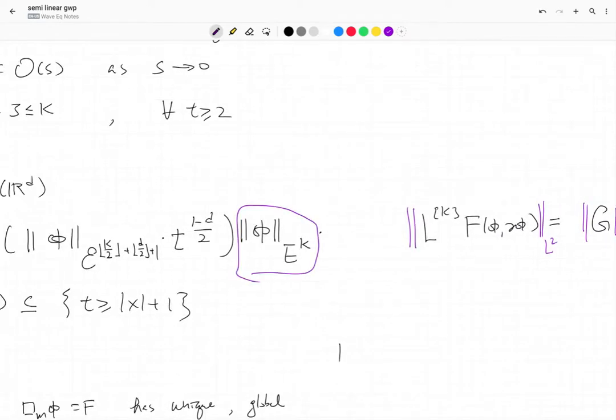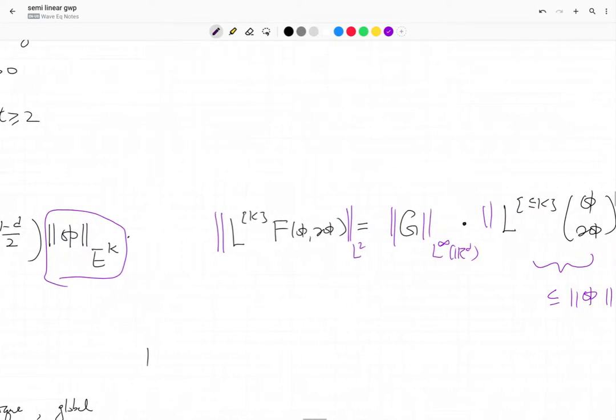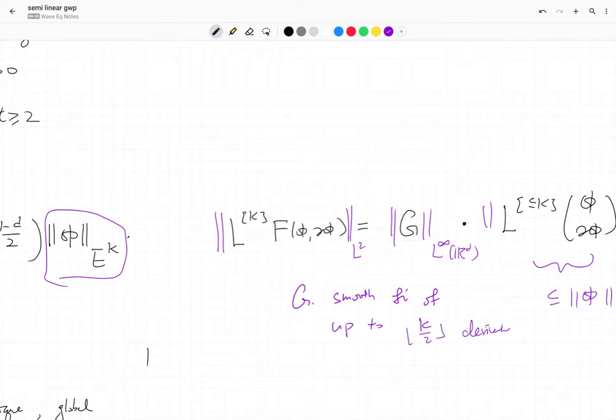Now the key question is, how do we control g? What is g? Schematically, g is some smooth function. Remember, g is a smooth function of up to k over 2 derivatives of phi and d phi.